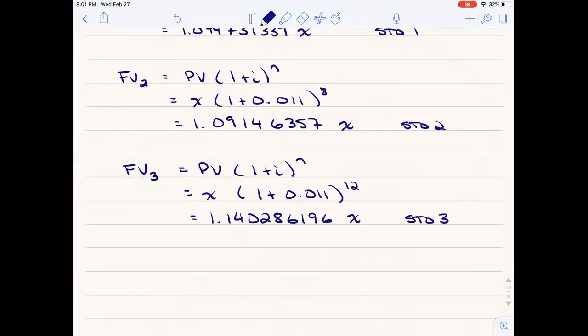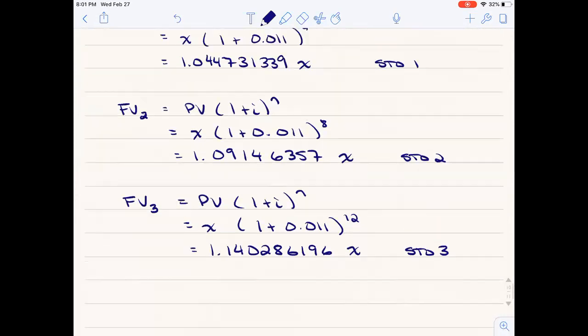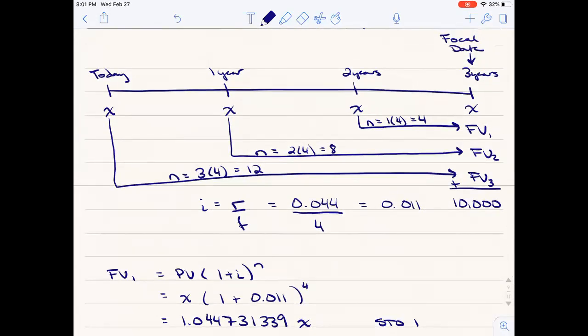Okay, so now we have all these future values in terms of x. Don't forget about that first x, the x at 3 years. It's also there because you're going to make a payment at 3 years, so it's going to get added to all those future values to make 10,000. Really common mistake. So that's why I pointed it out: if you've got an x at the focal date, don't forget to add it in.